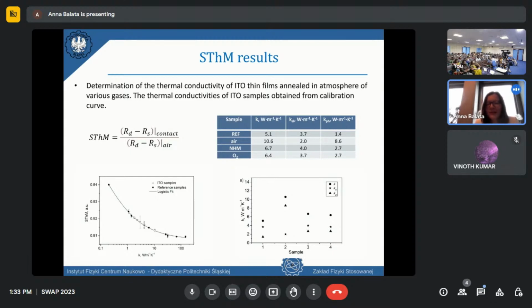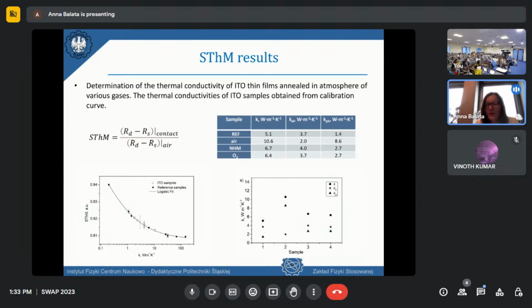So for selected layers, we got values around 5 to 10 watt per meter Kelvin. The reference sample had the lowest thermal conductivity, and the air-treated sample had the highest thermal conductivity.